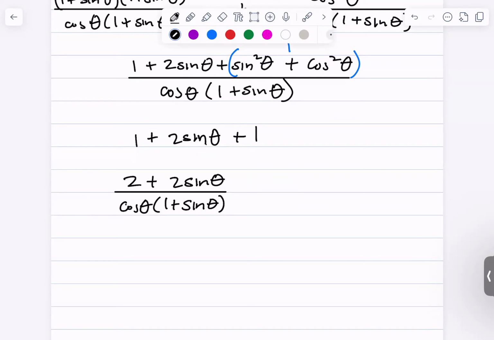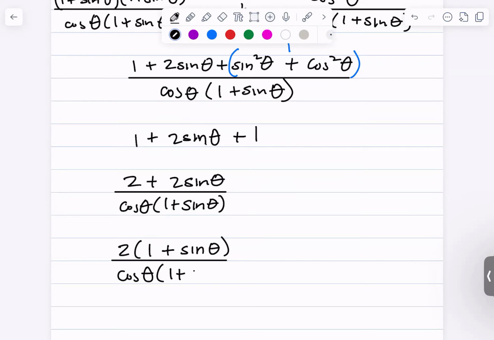Okay. In my numerator here, what can I take out? A 2. A 2? I didn't sneeze. I said a 2. Okay.